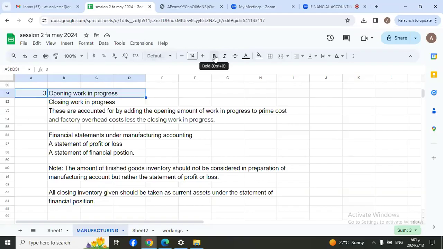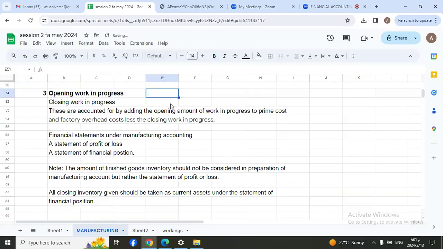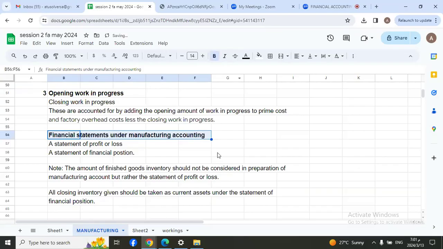So I welcome some of your questions. If we don't have the questions, then you can allow me to take you to the past paper numbers and we do some computations. For this, I'm going to do one. Then tomorrow, I'm introducing another topic, that is accounting for non-profit organizations.